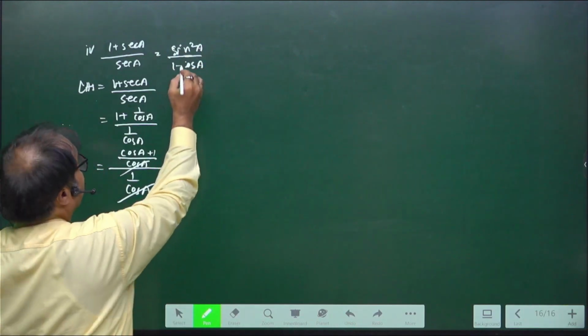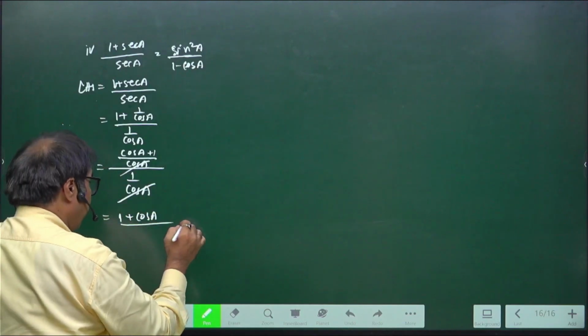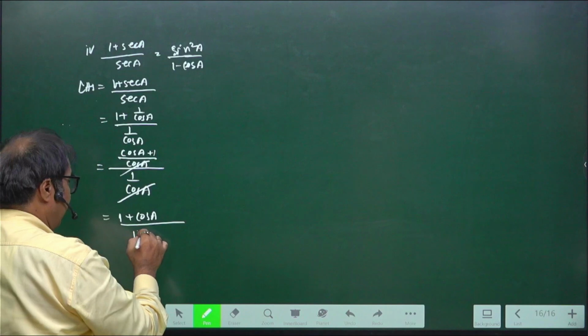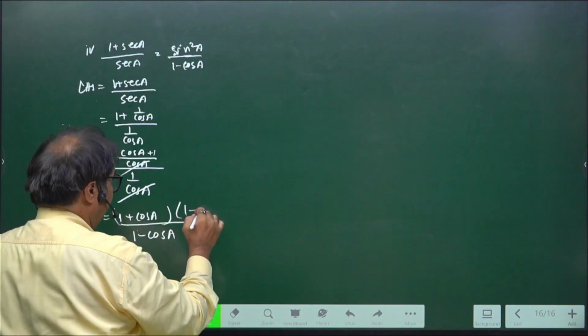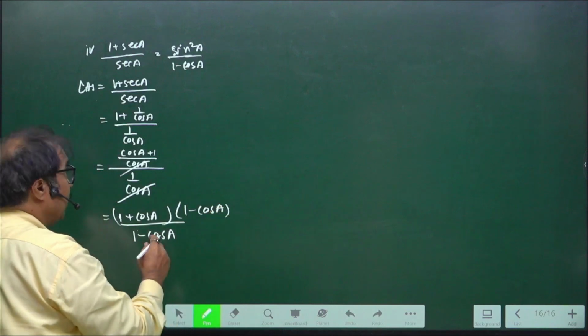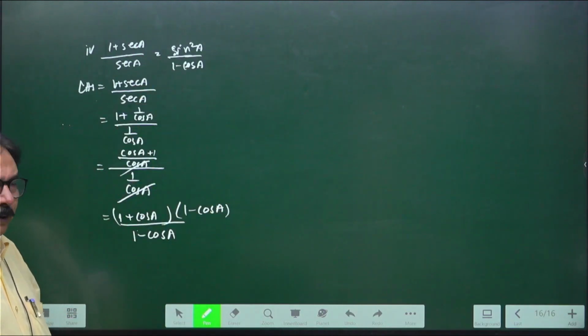So what we have to do? Multiply and divide by 1 minus cos A, as per the denominator, because in the denominator we have to prove it should be 1 minus cos A.